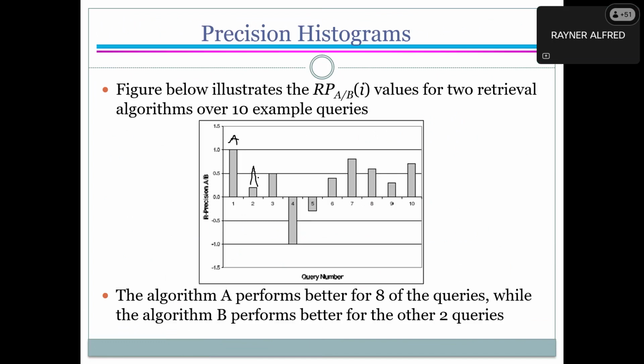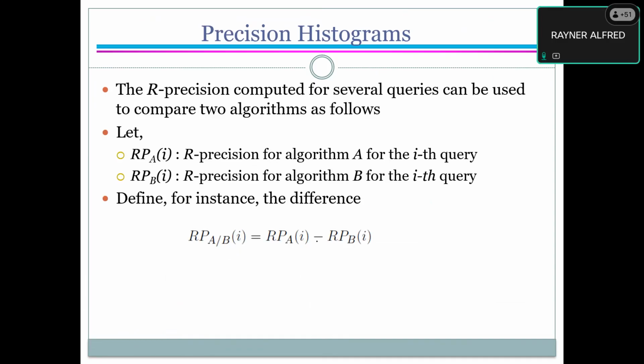This is A is better. Bigger means this is B is better. Because the formula here is that they look at the precision for algorithm A at I query at this position. And this is for the B. So they just want to take the differences between these two.